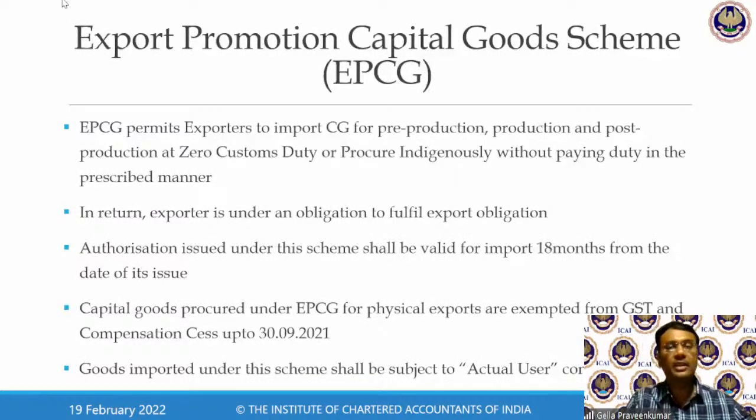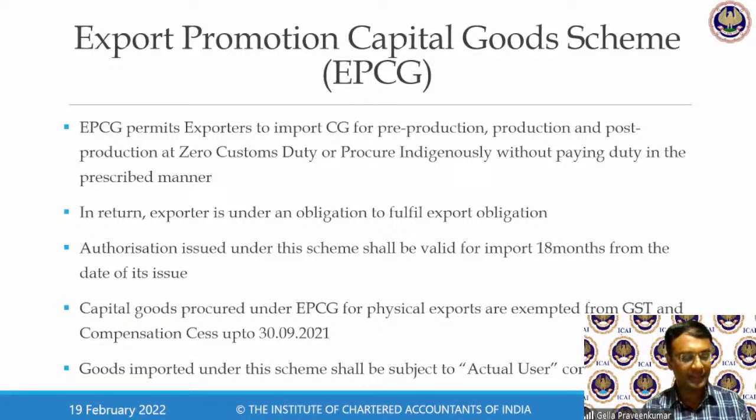Now, let's come to the core topic of discussion called EPCG, the Export Promotion Capital Goods Scheme. I'll give you a backdrop of this scheme and then explain what it stands at as of today.